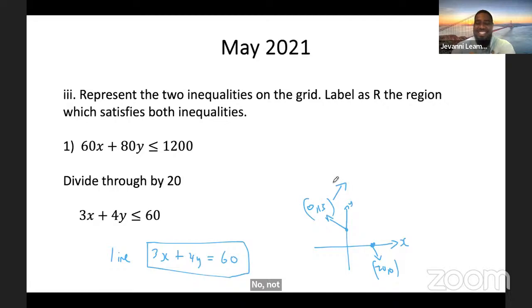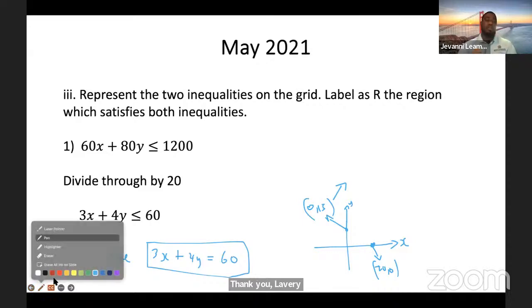Yes, you've identified coordinates, but there are special names for these points. No, intercepts. Thank you. The y-intercept and the x-intercept. Which coordinate gives you the y-intercept? 0, 15. Okay, and the other one would be the x-intercept.